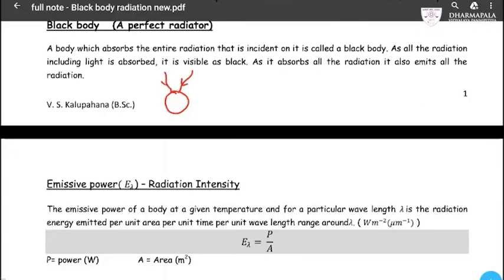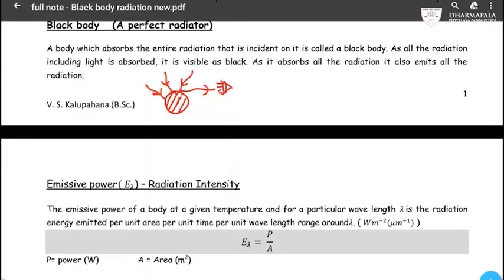When visible light is incident on it, this object will absorb all the wavelengths except the red color. It will absorb all the other frequencies except the frequency of the red color. So this red color will be reflected, and that wave goes to our eye, so we see this object in red color.